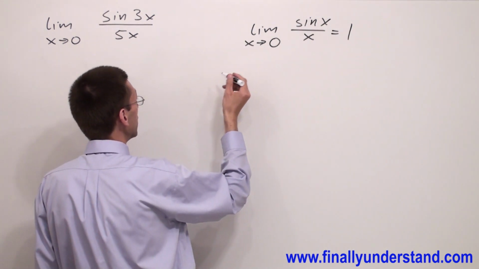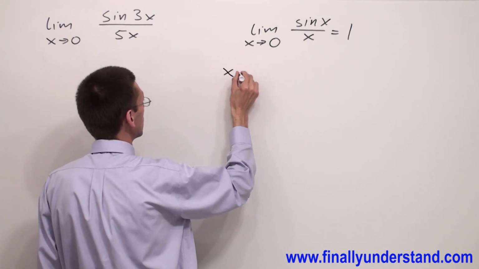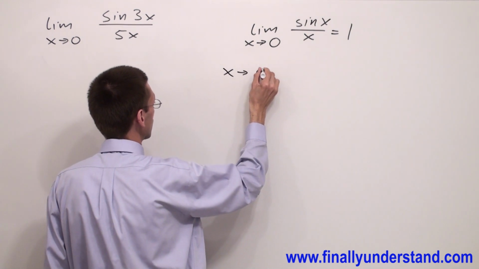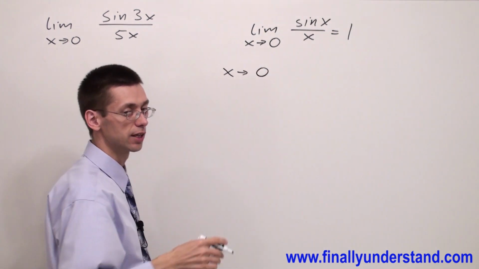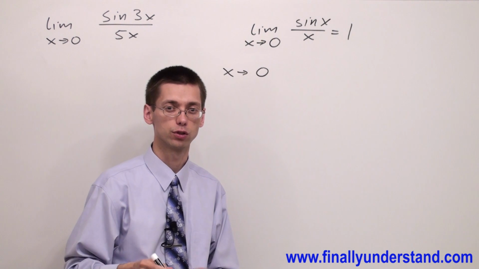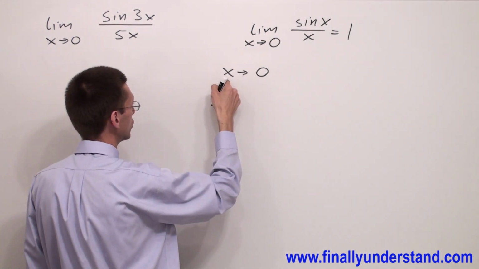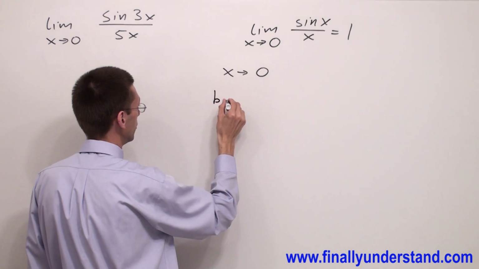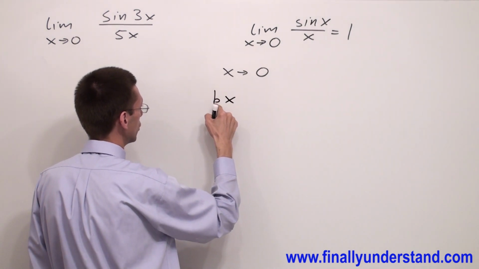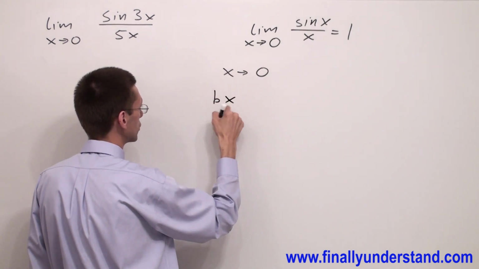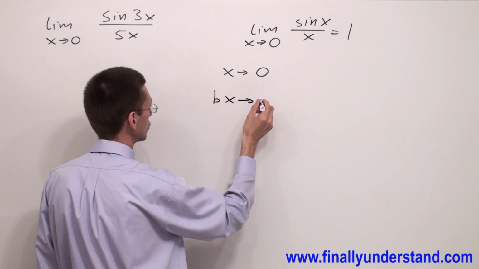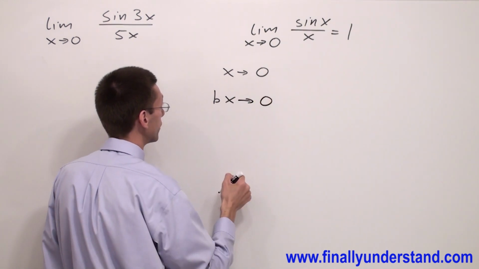You're supposed to realize that anytime we say x is approaching 0, it means x is getting closer and closer to 0. So if you have a constant multiplied by x, bx, this expression is also going to get closer to 0.